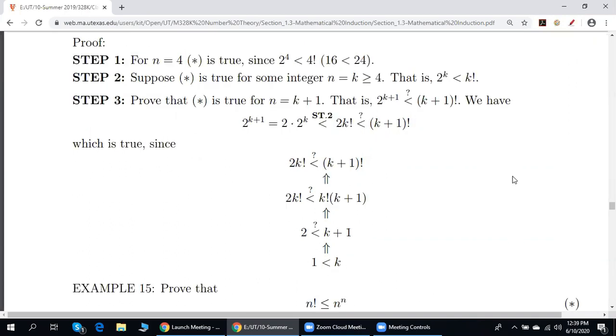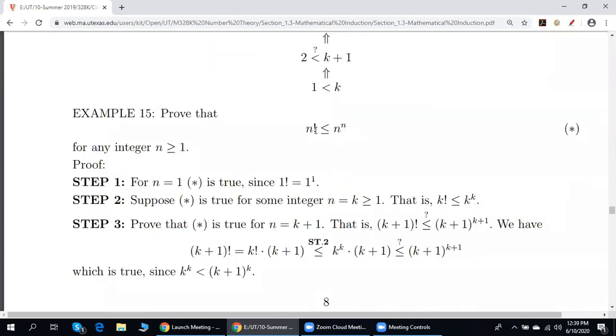Yes, thank you. Example 15. We want to prove this for any integer n greater or equal to 1. For n equal to 1, this is true because 1 factorial, which is 1, is equal to 1 to the first power, which is 1.